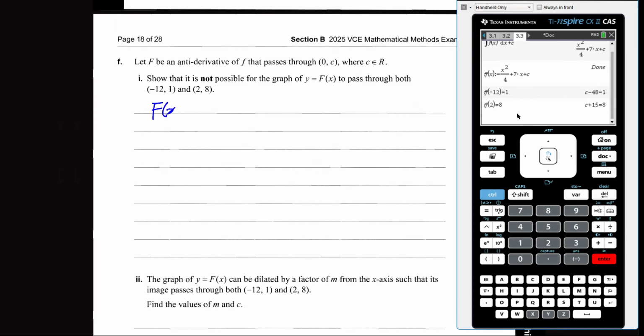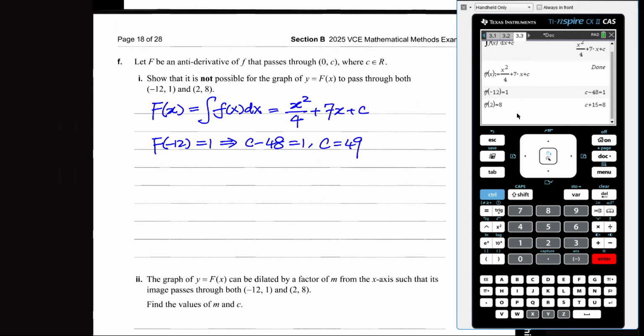So first of all, write F of x equals integral of small f of x, x to the power 2 divided by 4 plus 7x plus c. And then capital F of minus 12 equals 1. You need to show the actual equation, I suppose.